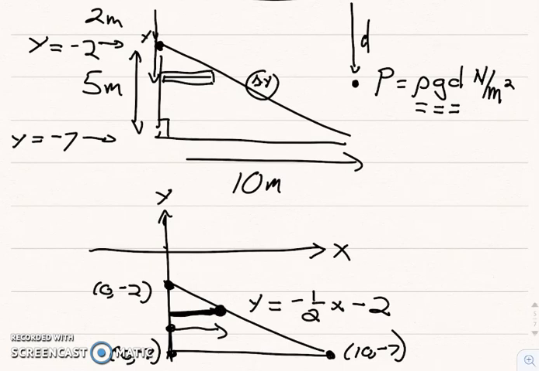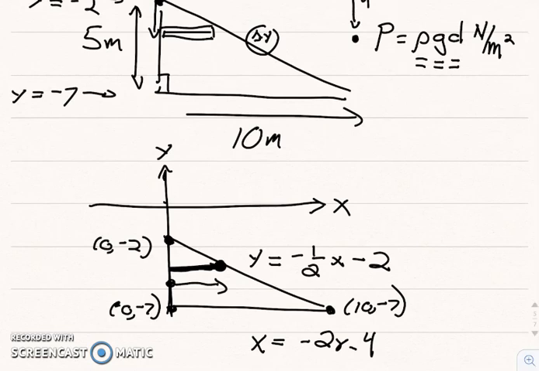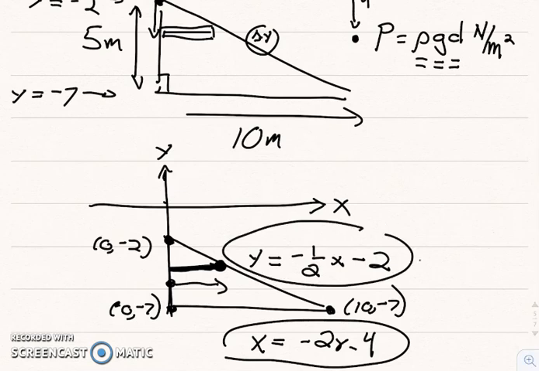That x-coordinate is found in this equation. We can solve for x in terms of y, in other words, invert this relation to write x equals -2y minus 4. To do that, we just took the slope-intercept form and solved for x. You move the 2 over, multiply by -2, and solve for x.